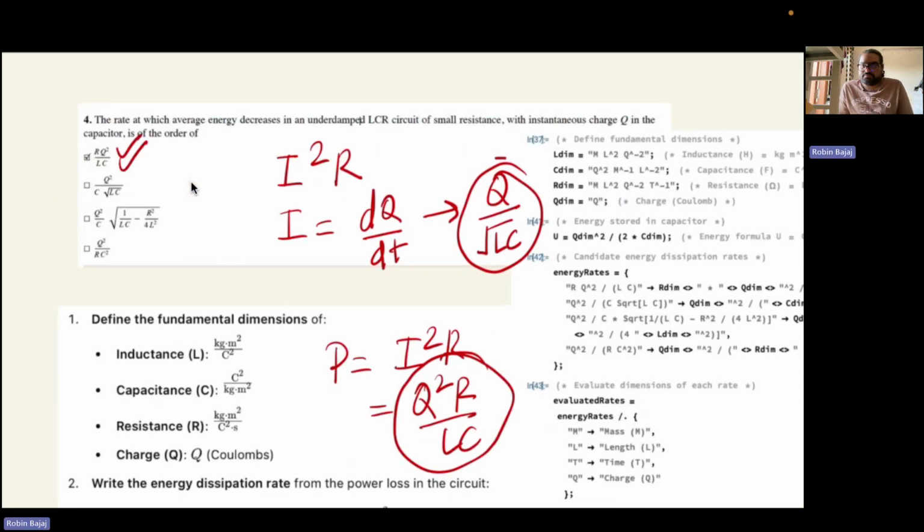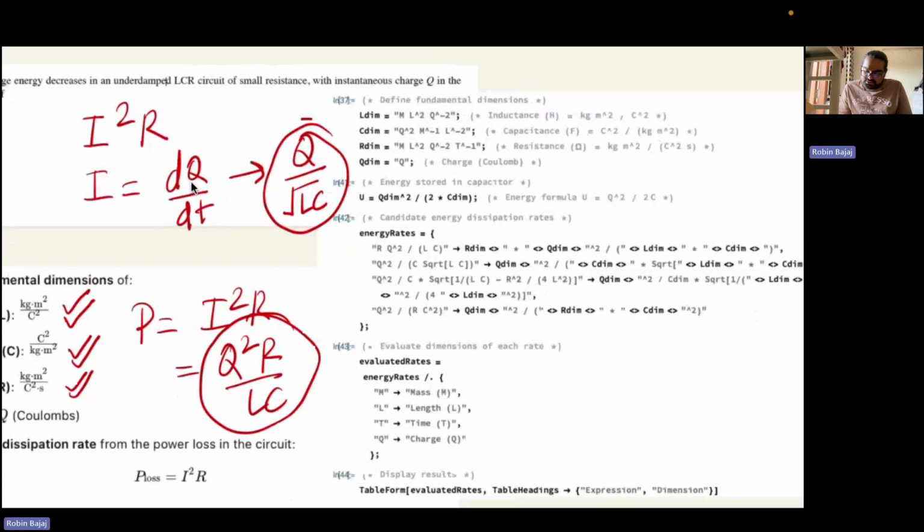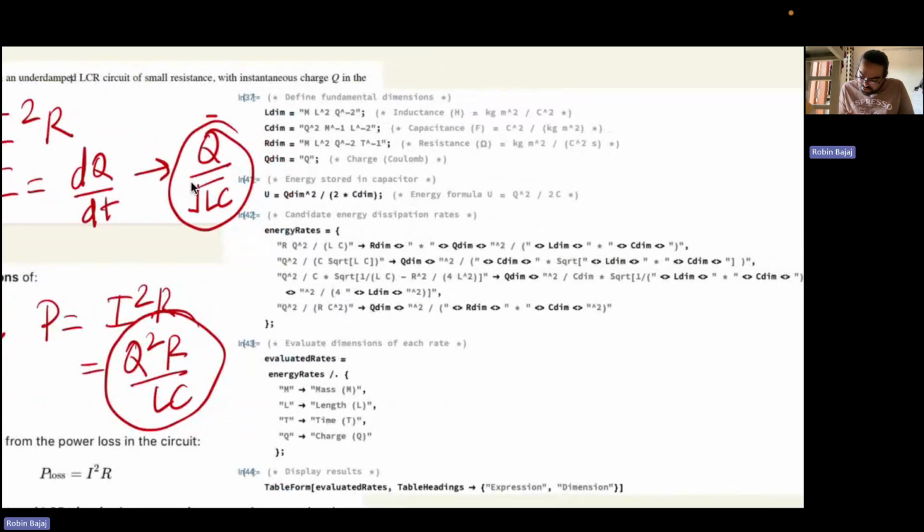So option A. Perfect. Now this one could have been done by defining the units of L, units of C, and units of R as well. One could have done it that way as well. Okay. So right. So yeah, that's what we really wanted.